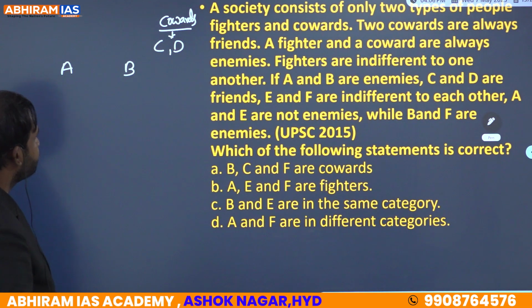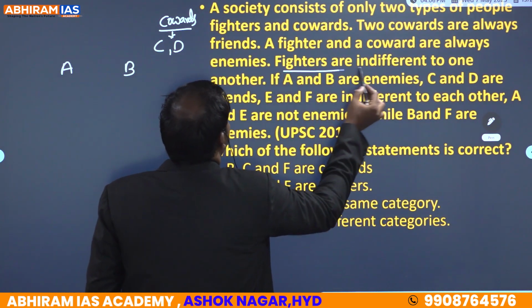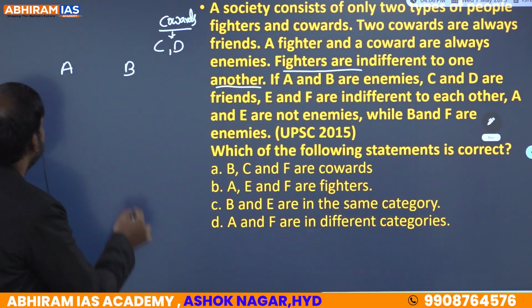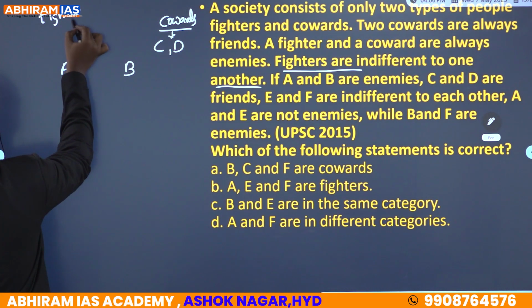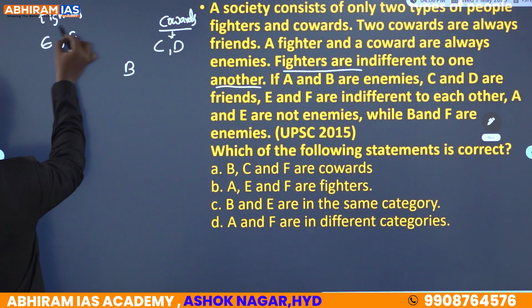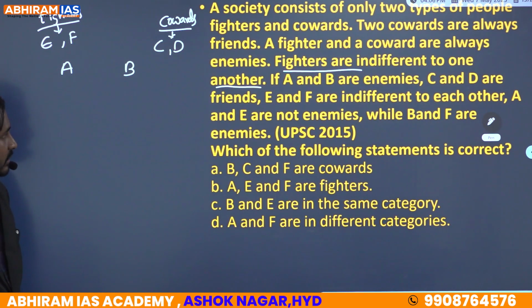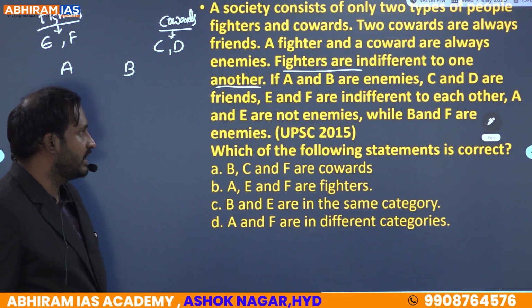Next. E and F are indifferent. Who will be indifferent in general? 2 fighters are indifferent to one another. That means E and F come under the fighters category. But still we don't know about A and B. Next.